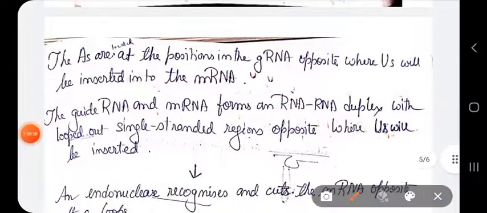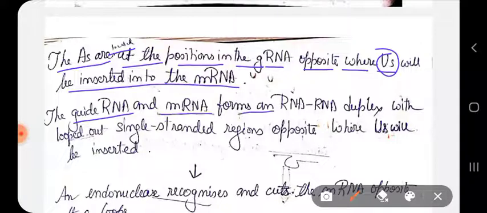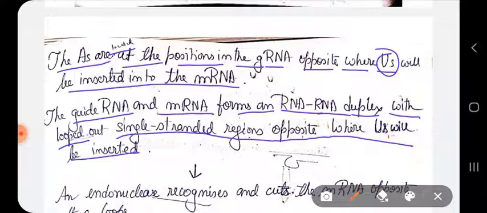So these adenines are found within the editing portions of the guide RNA opposite where U has to be inserted. Where uracil has to be inserted within the mRNA. The guide RNA and the mRNA form an RNA-RNA duplex, which will loop out single-stranded regions opposite where U will be inserted.